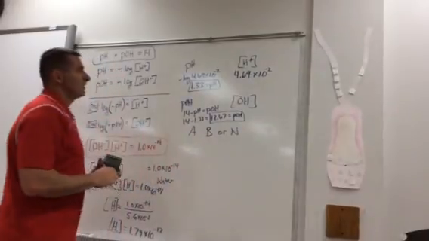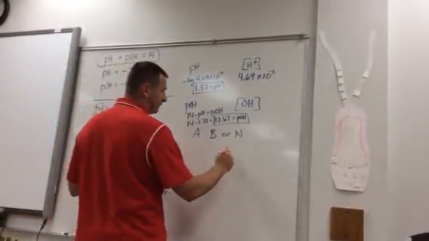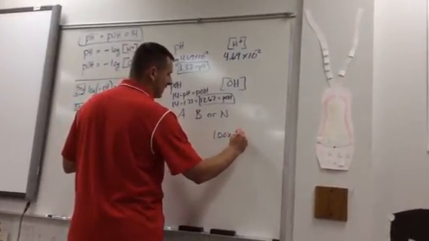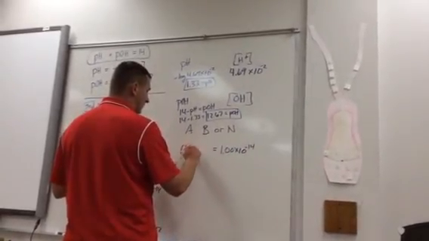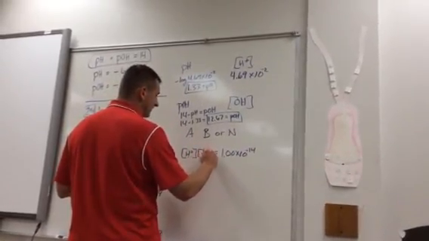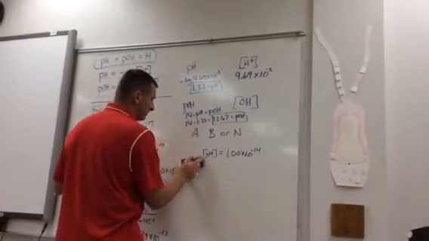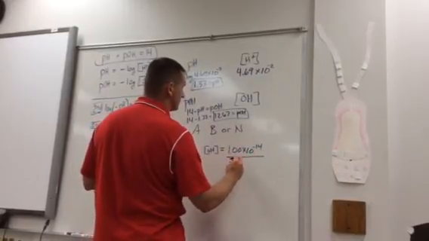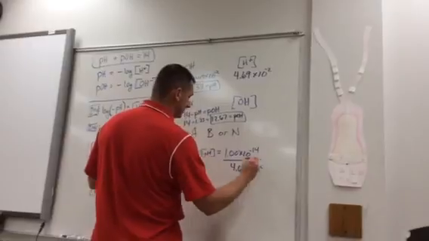Now, how do I solve for my OH concentration? I can use the Kw formula, which is 1.00 times 10 to the minus 14, and that equals the hydrogen concentration times the hydroxide concentration. I know my hydrogen concentration, so I divide both sides by it: 4.69 times 10 to the minus 2.